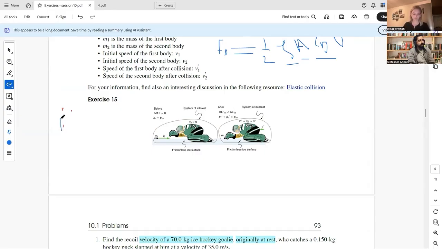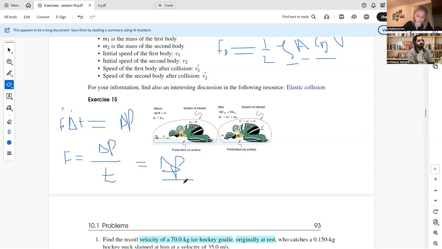Impulse is actually the product of force and time interval, which is equal to the change in momentum. So F is equal to del P over T. The time is not given, but we know time is actually the ratio of distance and velocity.